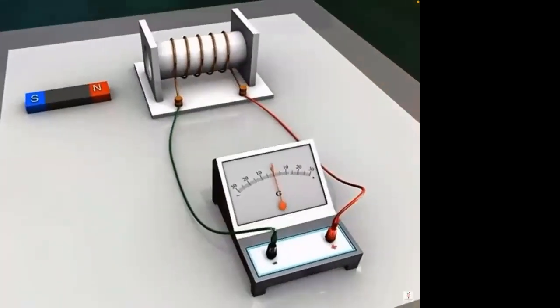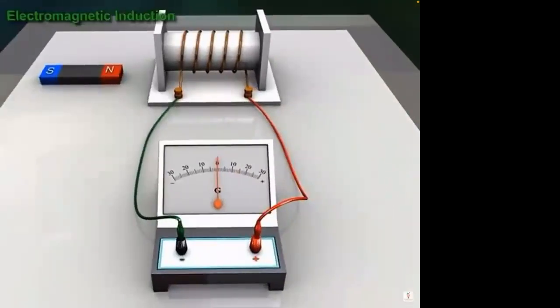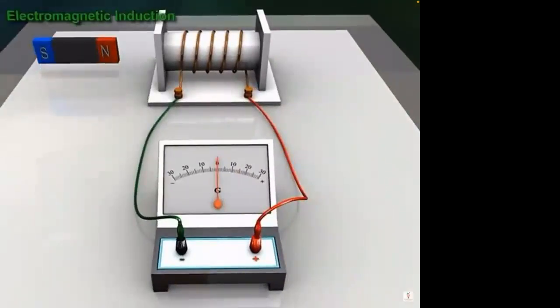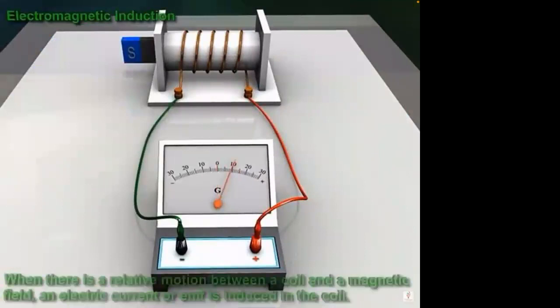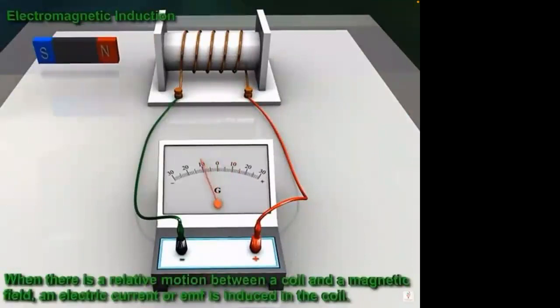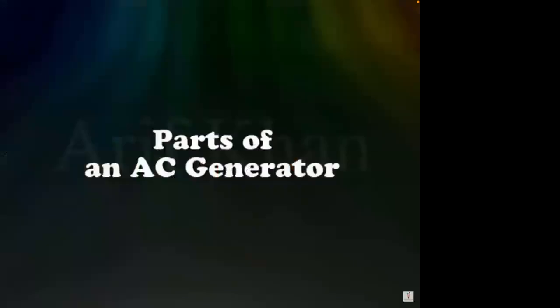In electromagnetic induction, when there is a relative motion between a coil and a magnetic field, an electric current or EMF is induced in the coil.